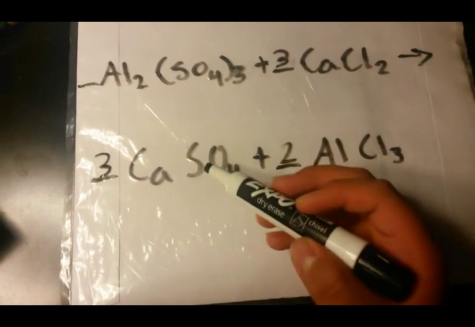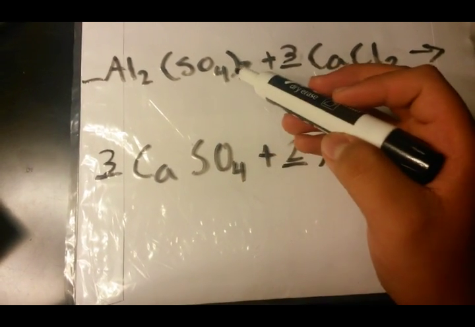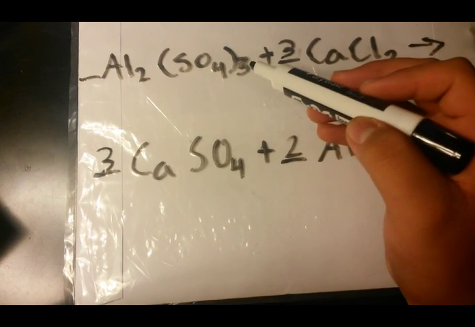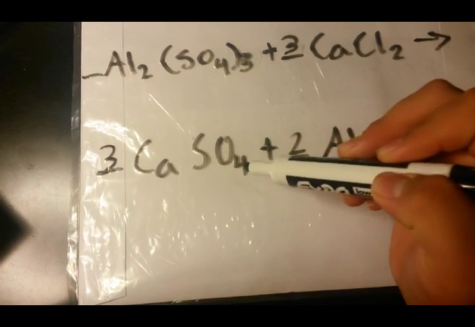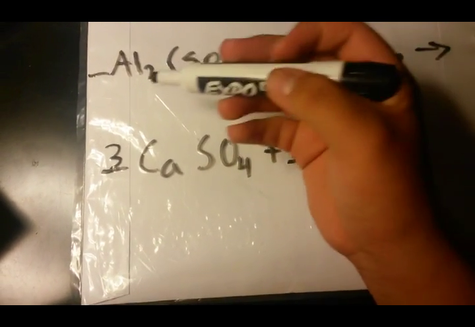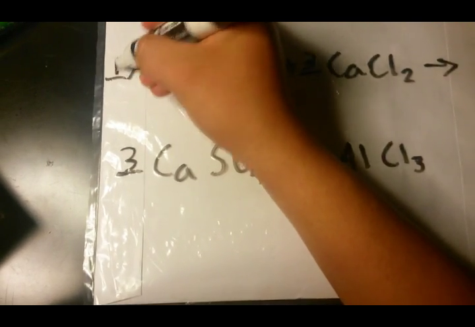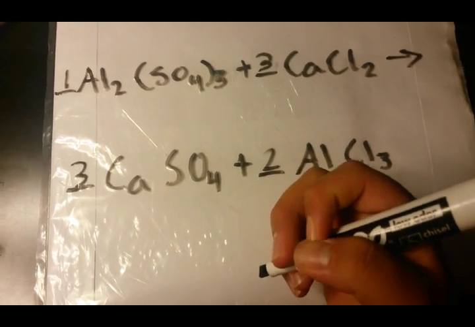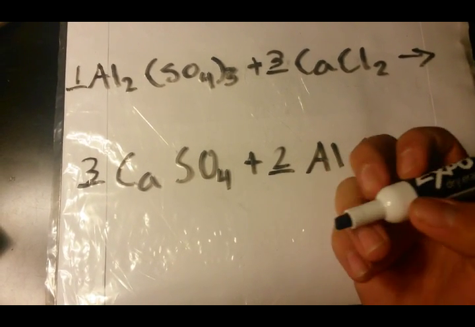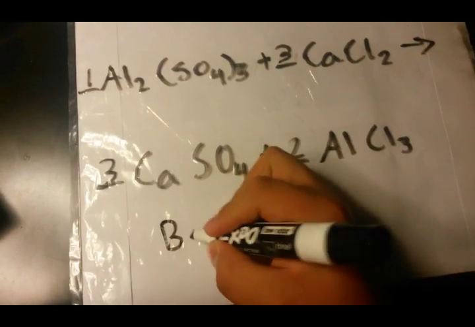And now you take a look at your final one, which is SO4. You already have 3 of them because it's in parentheses. So you have 3 over here, SO4s also. So right here, you could either leave it blank or add a 1. Either way, it's pretty much the same thing. But overall, it's really easy. See, it wasn't really hard. So now what you have right here is called a balanced equation.